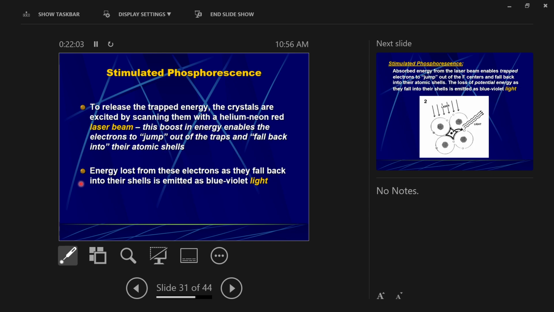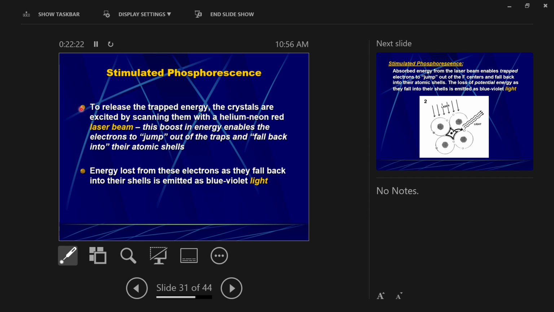All right, so now the plate is brought, I'll explain more about processing, but let's wave our hands and say the plate is brought into the processor, okay? To release the trapped energy, the crystals are excited by scanning them with a helium-neon red laser beam.